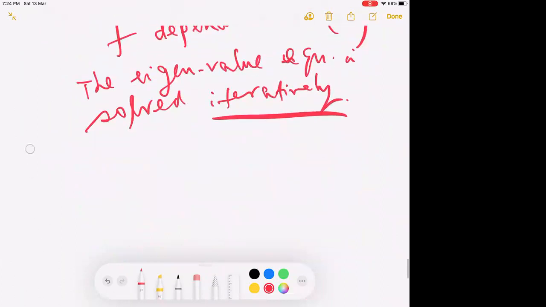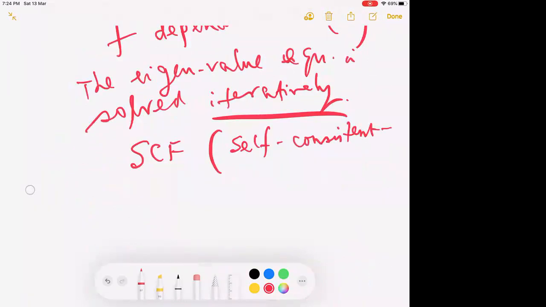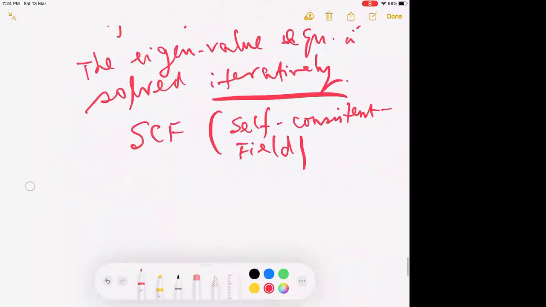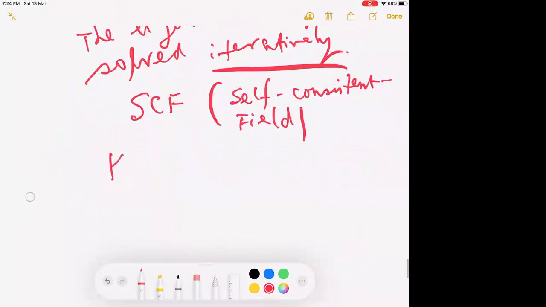This procedure is very often called the SCF procedure, self-consistent field. Those who are aware of Hartree-Fock know that Hartree-Fock is very often called the self-consistent field procedure. And this is exactly the same in DFT, except that now it is within DFT. So very often it is called the KS-SCF procedure, Kohn-Sham self-consistent field.